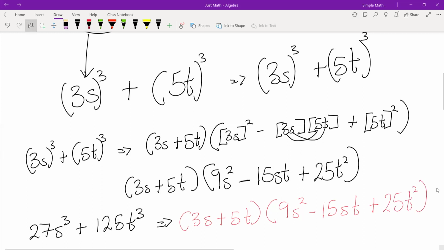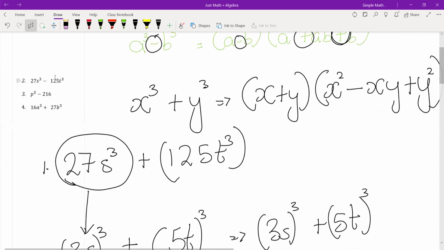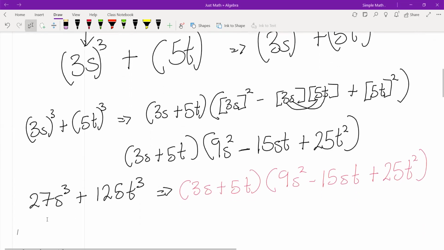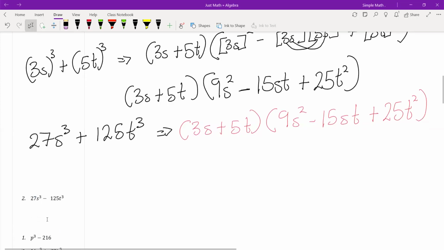So let's go to a difference of two cubes. It's the same, let me bring this down. All right, so now we have the same thing, but just different signs. Number two is 27 s cubed minus 125 t cubed.